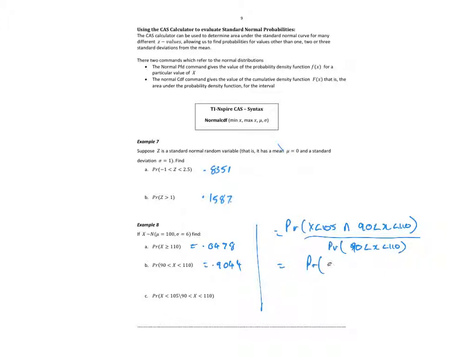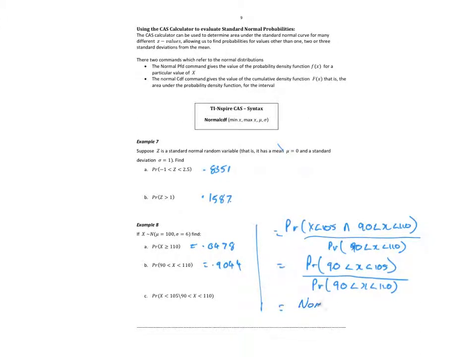Well, 90 is my lowest value, but they've got to be less than 105. And the easiest way, I think, is just to guess some numbers. Guess a number and see if it satisfies that condition. If I pick 107, well, 107 is between 90 and 110, but it's not smaller than 105, so I pick some other ones. So on my calc, I'll just type it up.